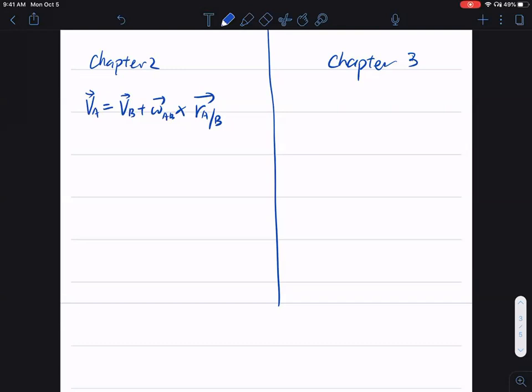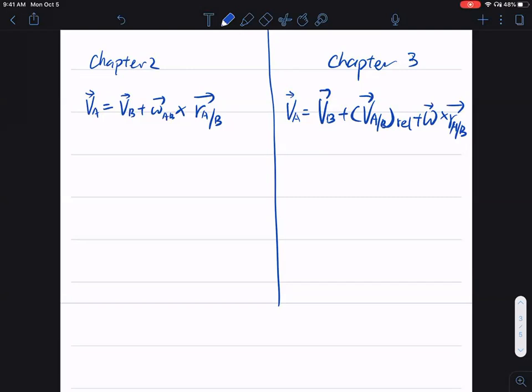What is the velocity equation we learned in chapter 3? In chapter 3, velocity equation, look up your notes or textbook. That's VA equals VB plus VA/B relative plus omega cross RA/B.